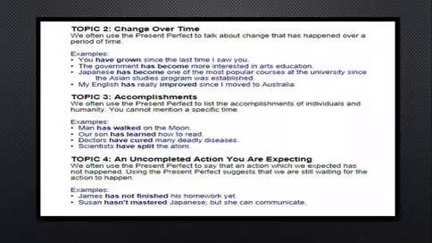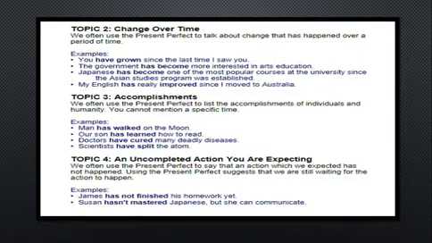El japonés ha llegado a ser uno de los cursos más populares en la universidad desde que fue establecido el programa de estudios asiáticos. My English has really improved since I moved to Australia. Mi inglés realmente ha mejorado desde que me mudé a Australia.